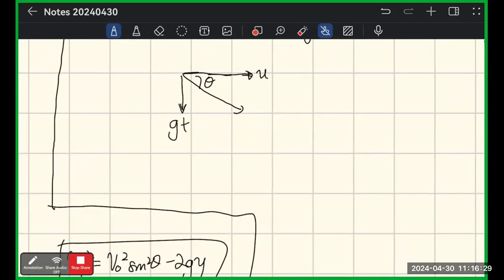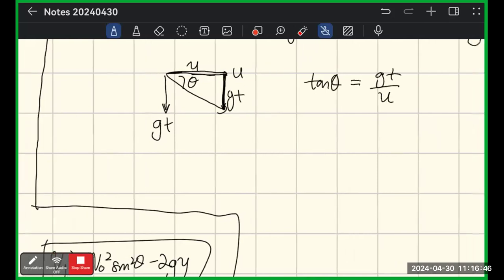So if this is the right triangle, this line is gt and this line is u. So we have tan theta equals gt over u.